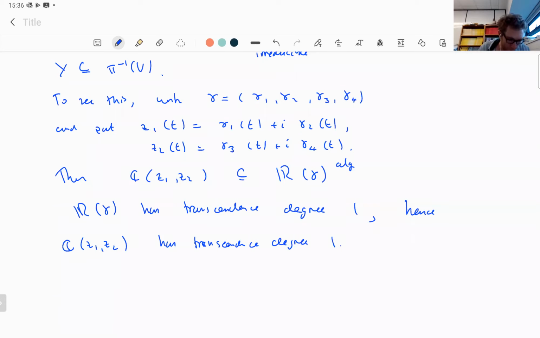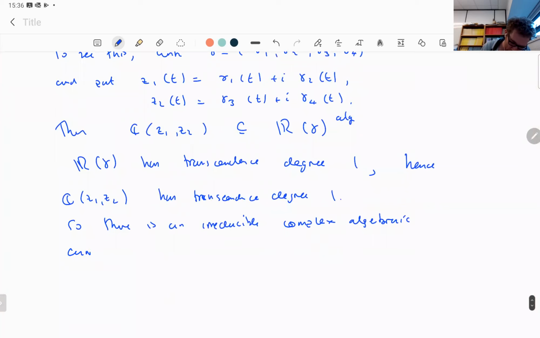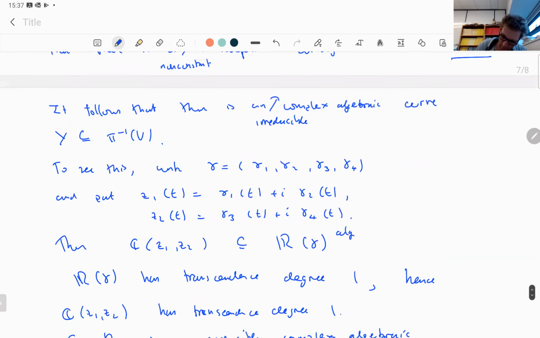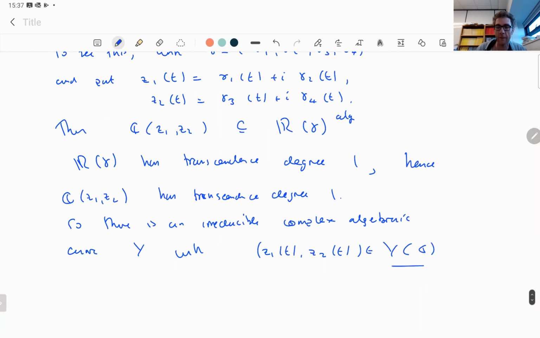Well, so that means that there's an irreducible complex algebraic curve Y with these being in Y. And so these are also in pi inverse of V, so then the intersection of Y with pi inverse of V is infinite.